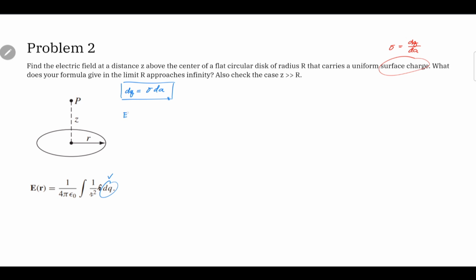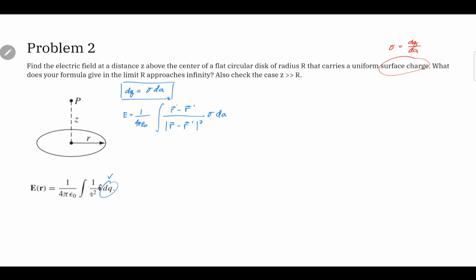So we can have E is equal to 1 over 4 pi epsilon naught integral of vector r minus r prime all over the quantity of magnitude r minus r prime squared multiplied with dq, which is essentially just sigma multiplied with our infinitesimal area.